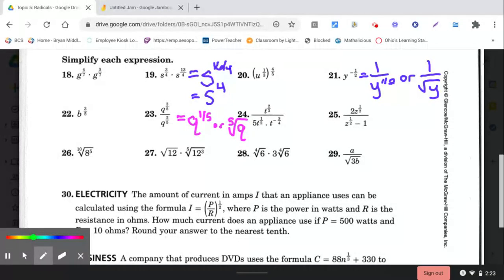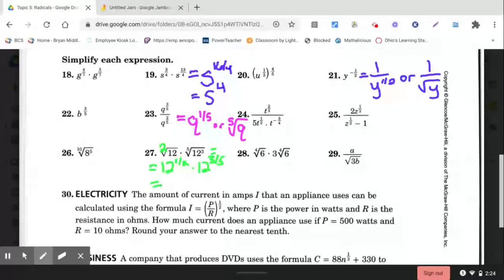Okay, 27. We cannot multiply these because this is a square root, and that's a 5th root. So what I'm going to do is rewrite these with rational exponents. This is 12 to the 1/2 times 12 to the 3/5. All right, so now I can add those exponents.